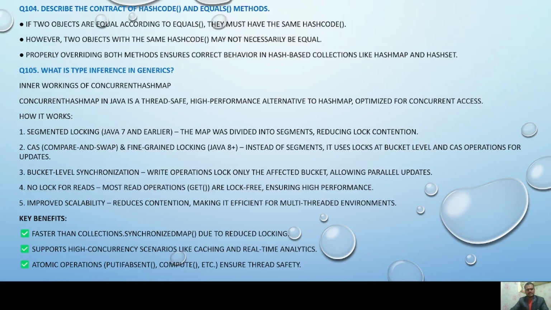Bucket level synchronization: write operations lock only the affected bucket, allowing parallel updates. No lock for reads: most read operations, that is get, are lock free, ensuring high performance. Improved scalability: reduces contention, making it efficient for multi-threaded environments.